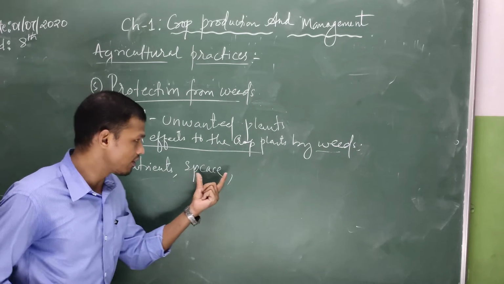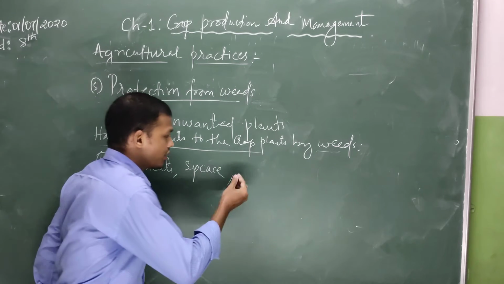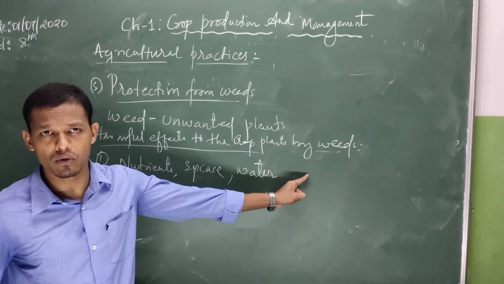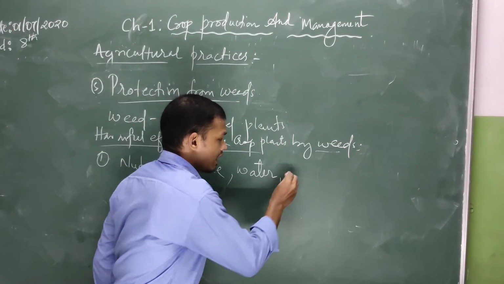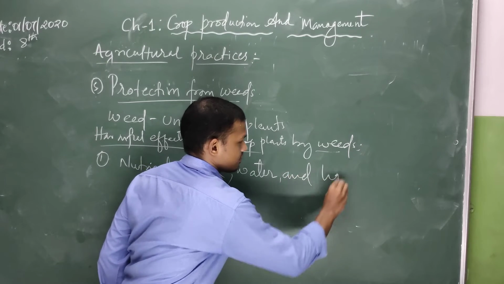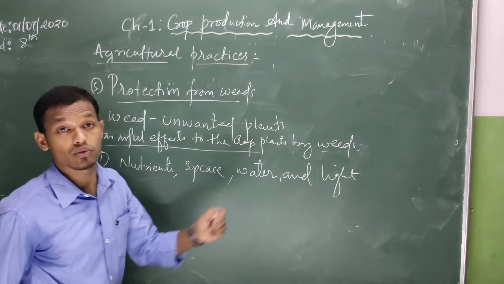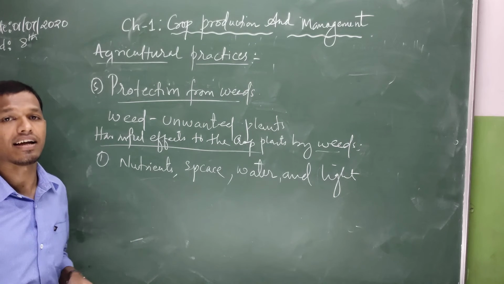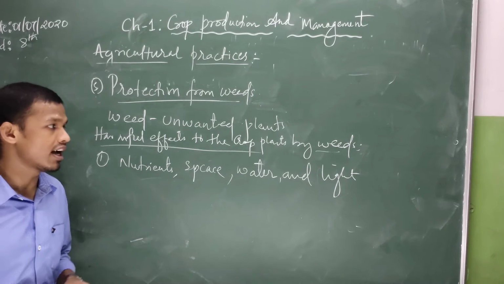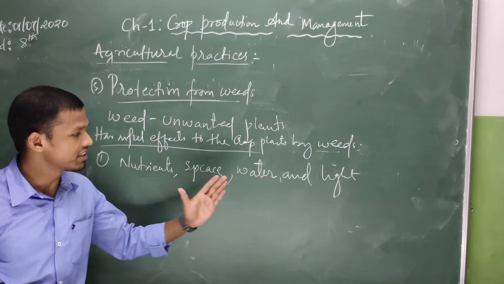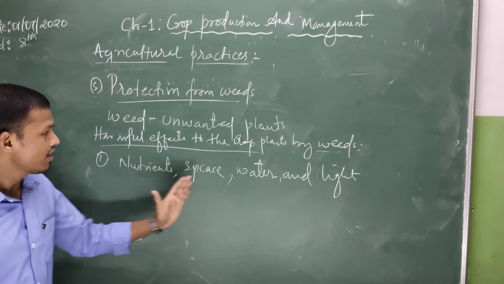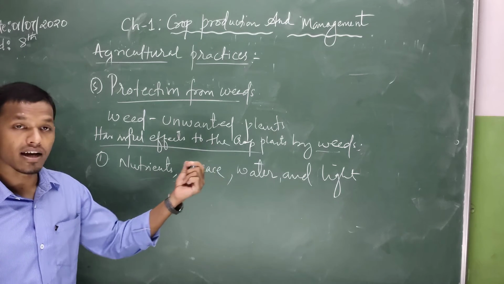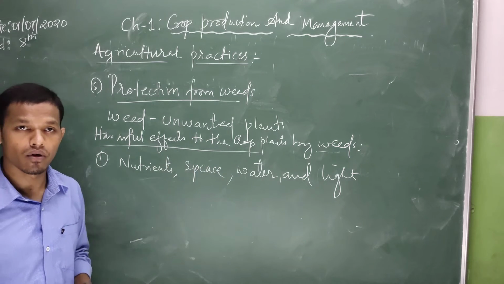They also absorb water required by the crop plant to grow. And the last thing is light. They block the light which is directed to the crop plant, the light falling on the leaves of the crop plant, so there will be a disturbance. These are the reasons why weeds are harmful to the growth of the crop plant.